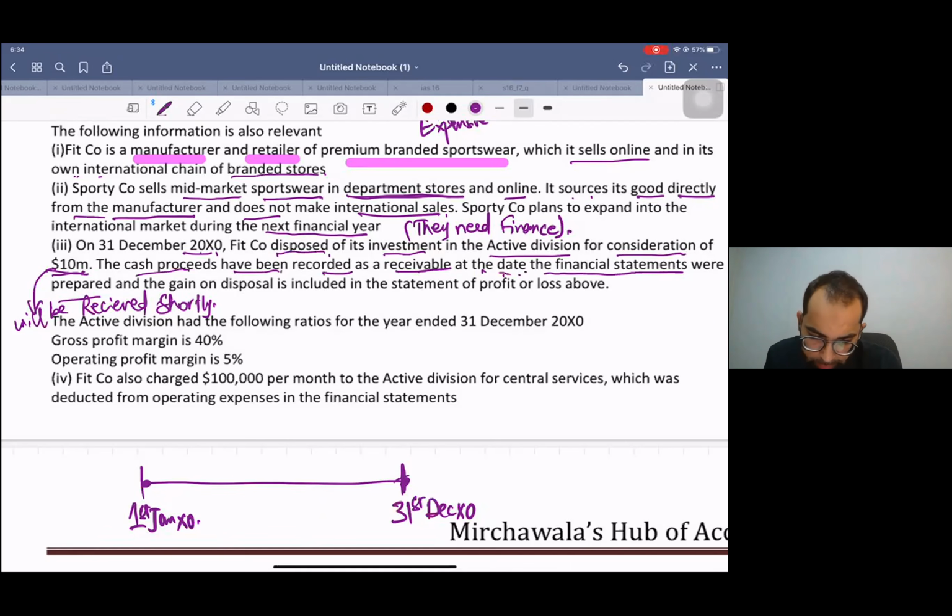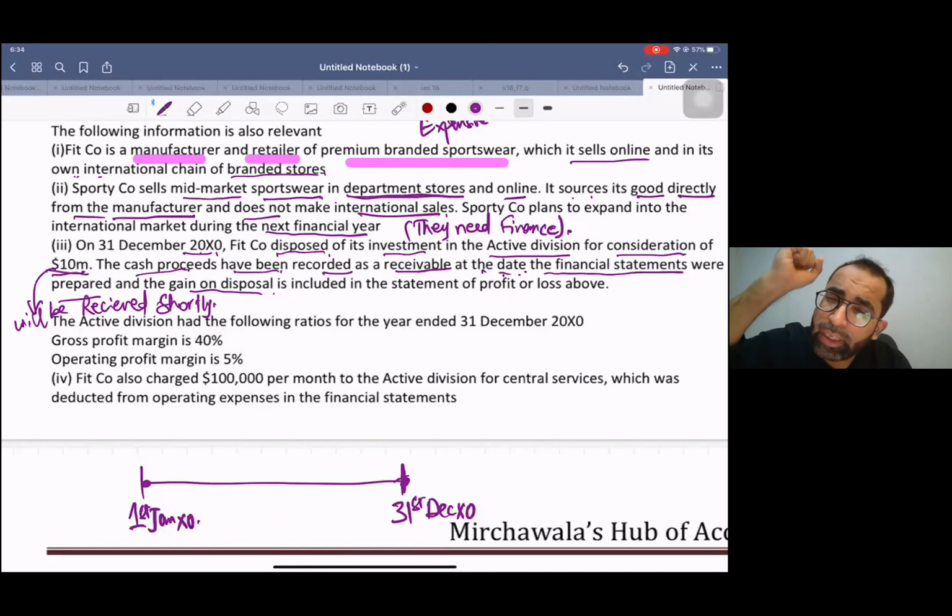Now, the gain on disposal. See, after many years, a company sells the division. Normally, selling a division is not a routine thing.